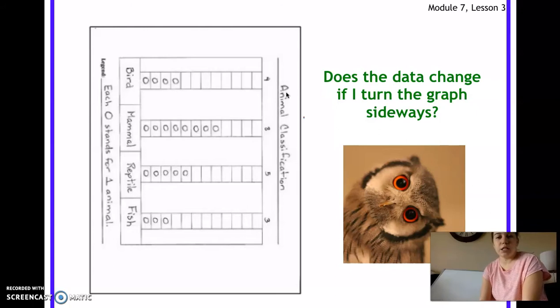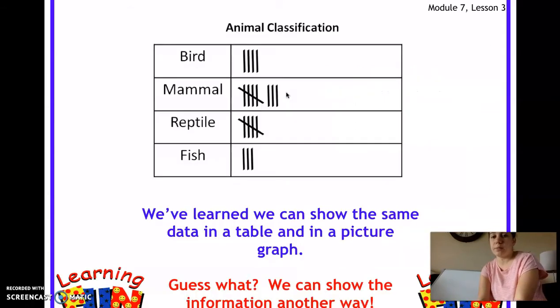Does the data change if I turn the graph sideways? No, it still shows that mammals have 8, and that says the most. Fish have the least with only 3. So our data didn't change, we just changed the way that our graph looks. So here it says, we've learned we can show the same data in a table and in a picture graph.